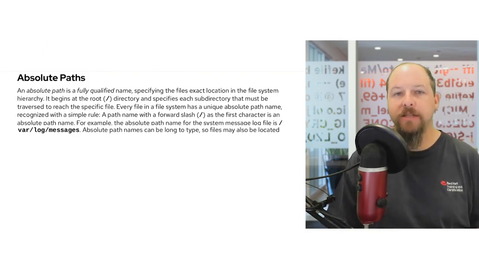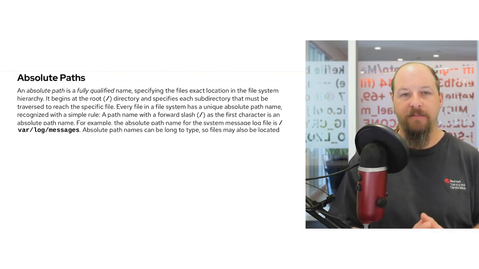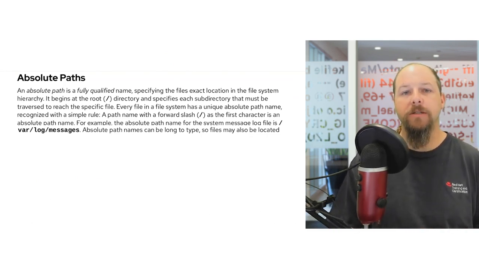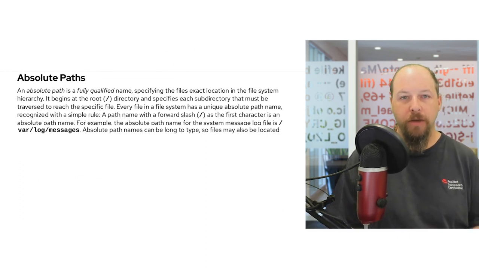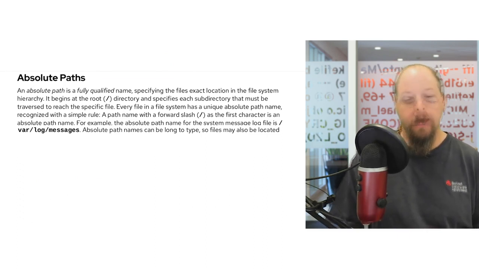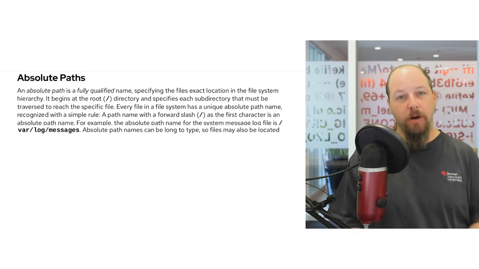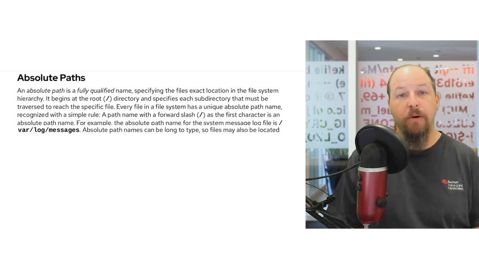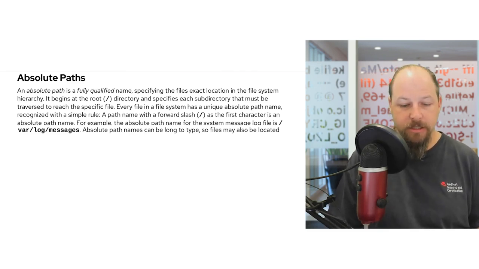An absolute path is oftentimes referred to as a fully qualified name, meaning that you can always start from the slash directory or root location and utilize the absolute path to navigate to the file itself. As you try to traverse the file system all the way down to your location, we'll separate each directory and subdirectory using the slash.